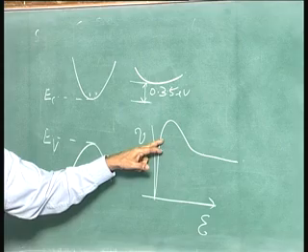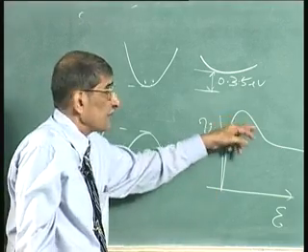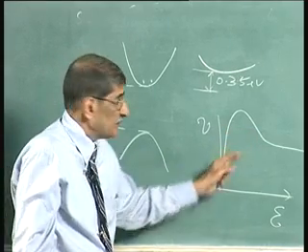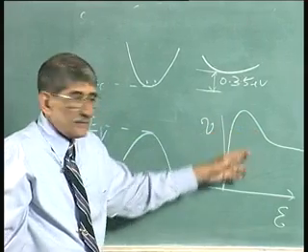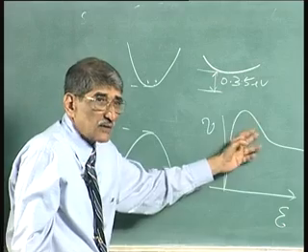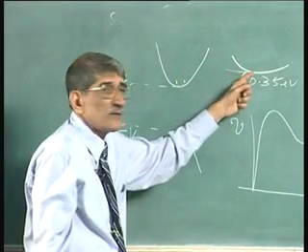Now, what I am trying to point out is this region of negative differential mobility, dV by dE is negative. This region occurs because electrons have transferred from here to here.